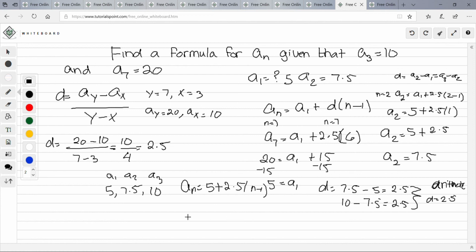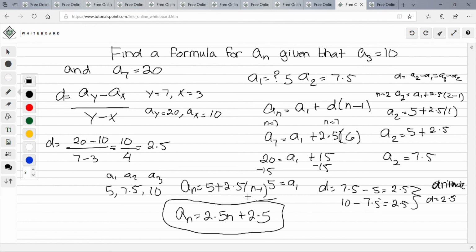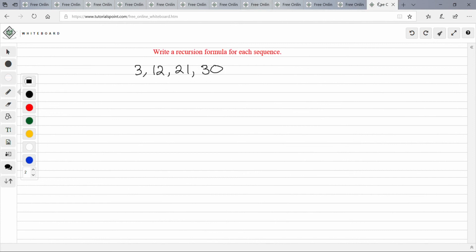If you were to FOIL it and do all the work, you would get AN equals 2.5n plus 2.5. This is your final answer. This one was probably the hardest one of them all. And then let's do a final one, yay.